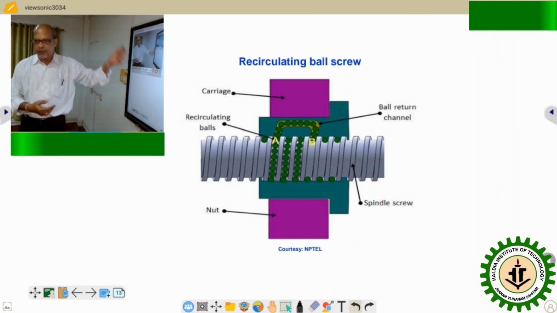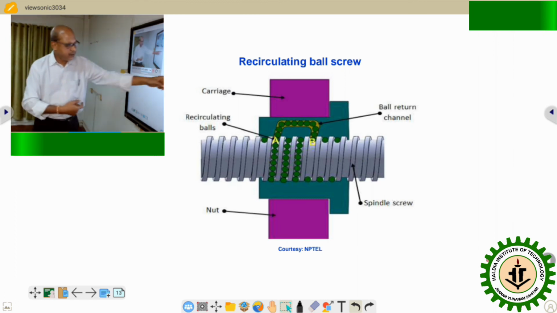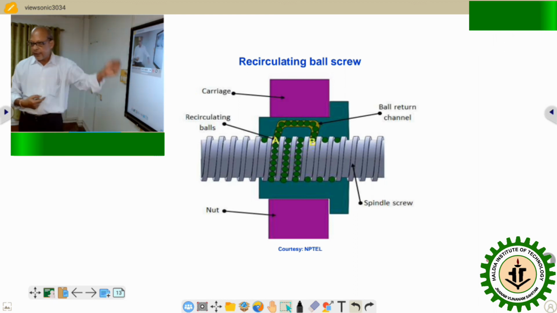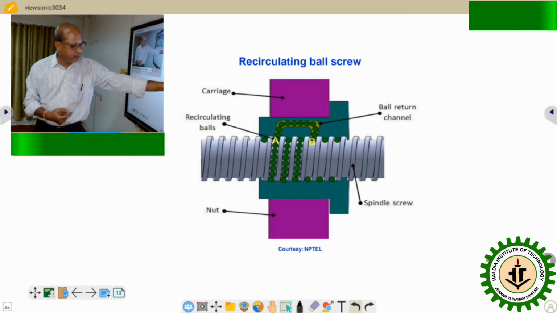Now as it keeps on rotating, these balls will also circulate along the helical grooves. Between A and B, from A to this one is one rotation, this one to this one is another rotation, and this one to this one is another rotation.